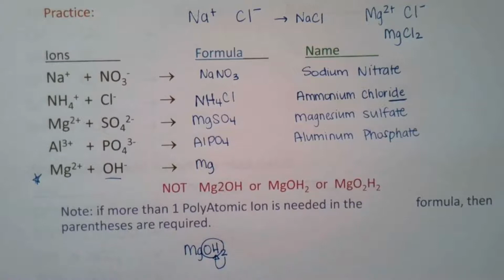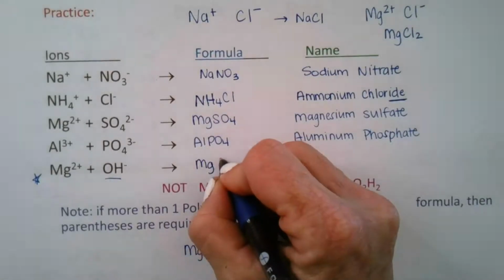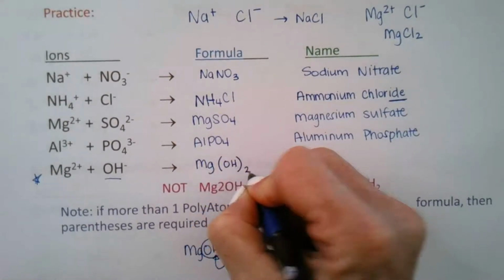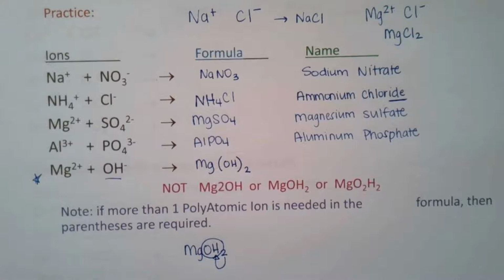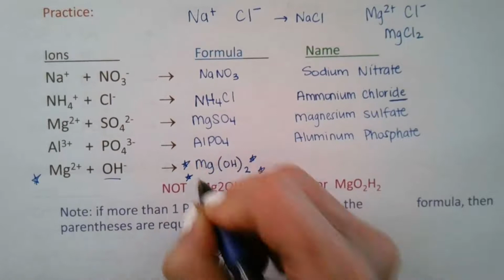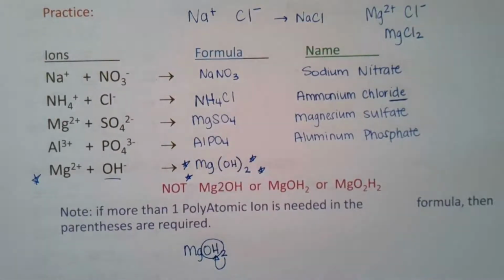And I want 2 OHs. So I am going to put OH in parentheses and put my 2 outside. This way, the 2 applies to the entire OH. We are going to go over this more on the next page, but for the moment, let's just name it.